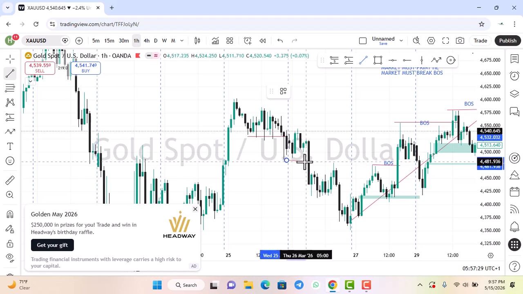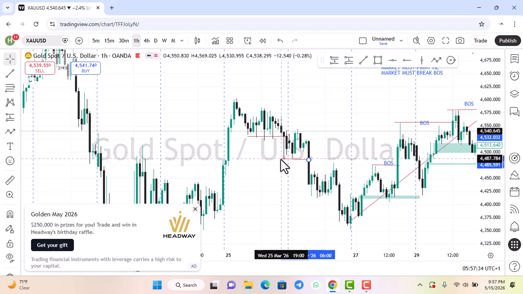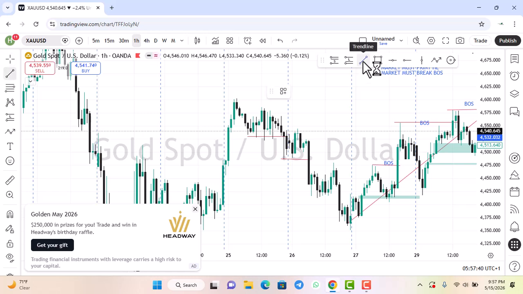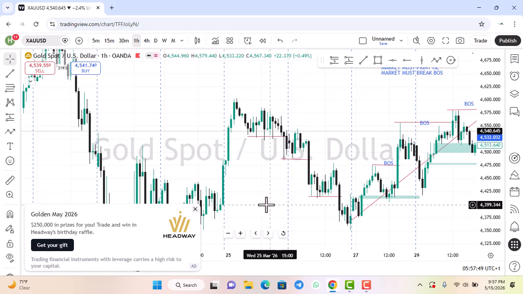Again here we mark the wick like this. All right, we mark the wick, wait for price to come down and close below it. Now we mark the wick again here, then we wait for price to come down and break it.